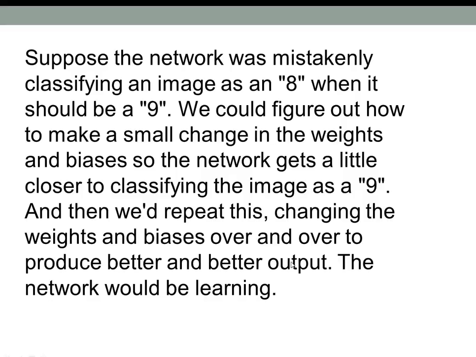Let's say 40% that it was a 7, and 30% that it was an 8. And it's actually an 8, but it's making a mistake. How are we going to take that 10% difference and somehow change the weights so that it does better next time?